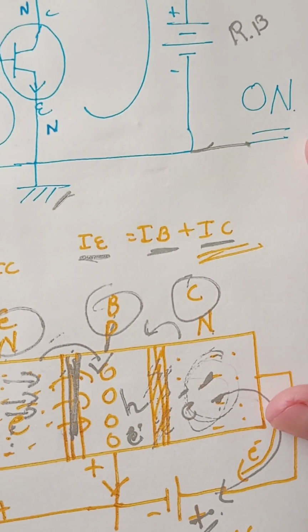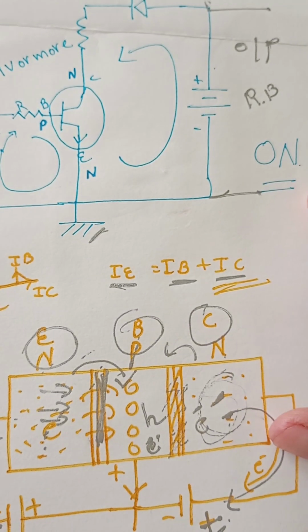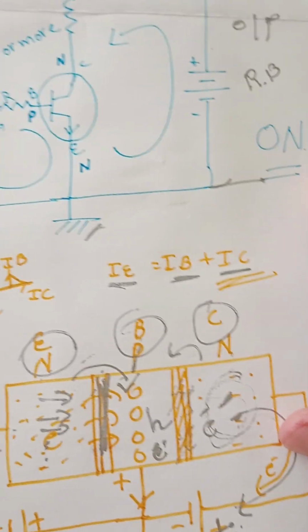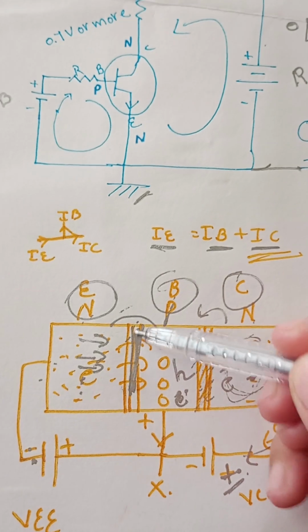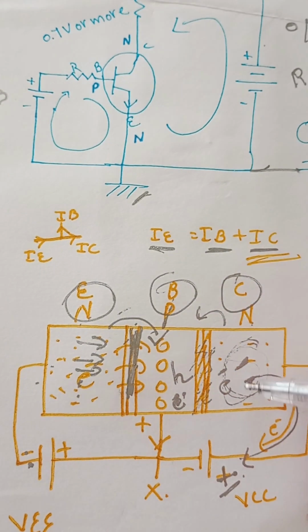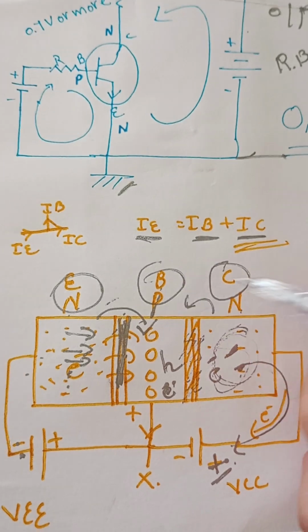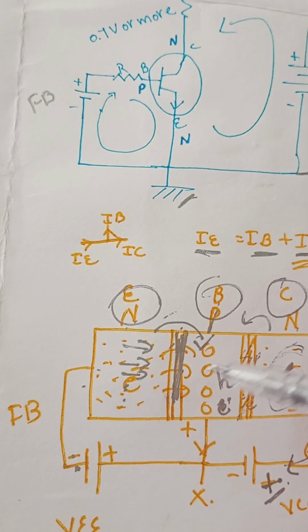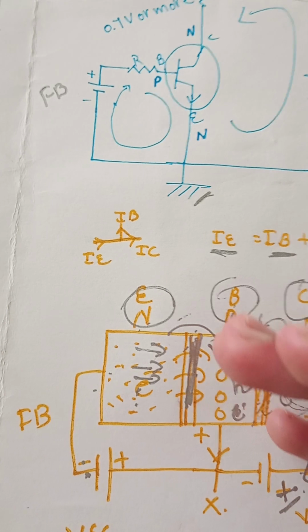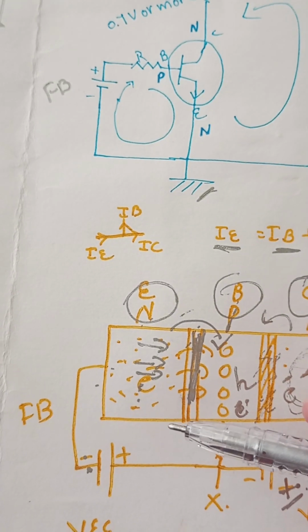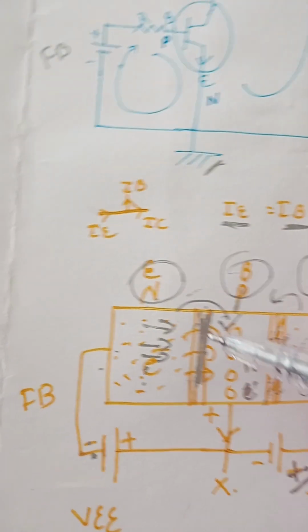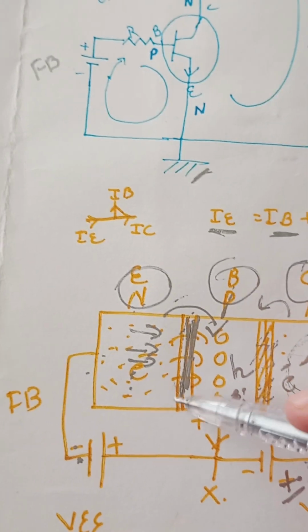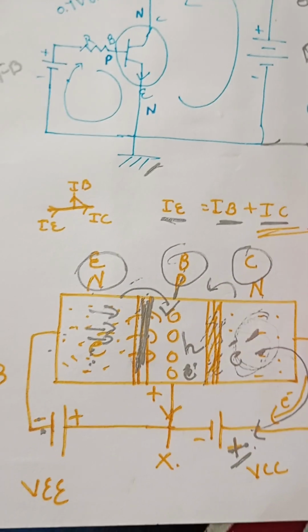Now you have the question: how is the current controlled or blocked? If you increase this one, then the barrier is going to be broken and all the electrons come to this side and are collected by the base and collector. But if you decrease the current a little bit, then there are not enough charges to break the barrier or depletion region, and then this is also blocked.